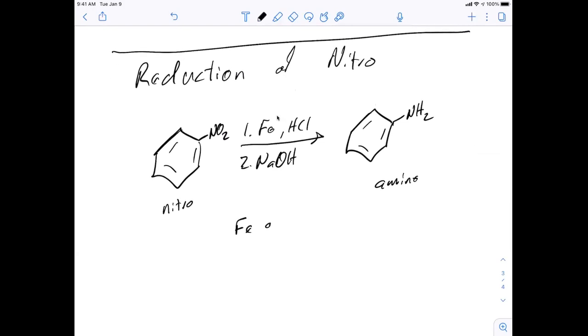Then we can use iron or zinc for this. The first step, since we're in acid, here I'm just going to change it to zinc, so you'll see both versions. That gets us to the ammonium.